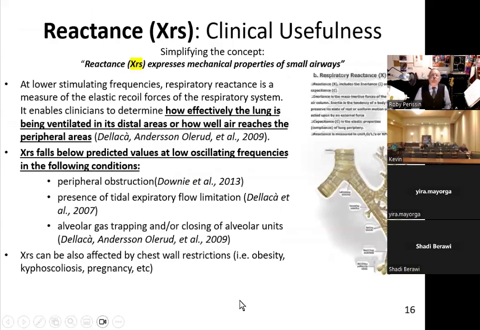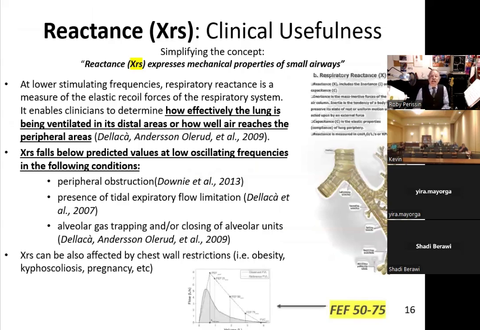So again, to speak spirometry language, for resistance you have to think of FEV1, but in different conditions, at rest, not forced. Reactance is actually FEF, forced expiratory flow, at 50 and 70 to 75%.